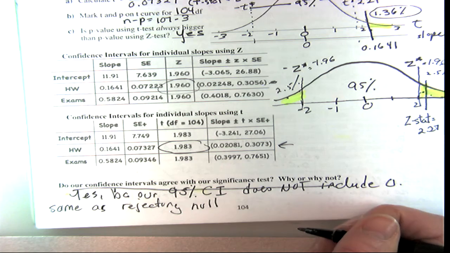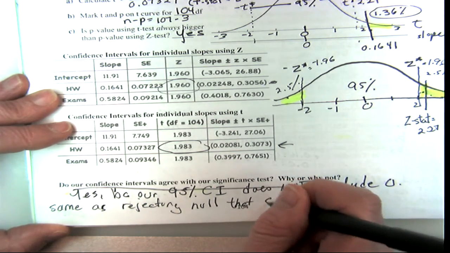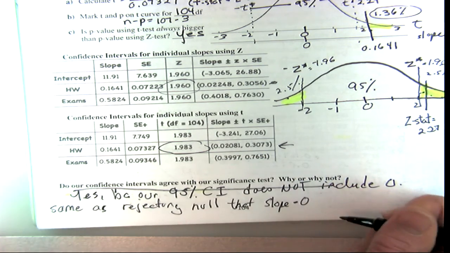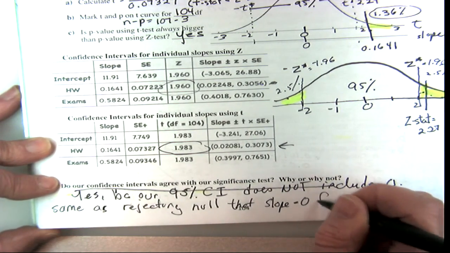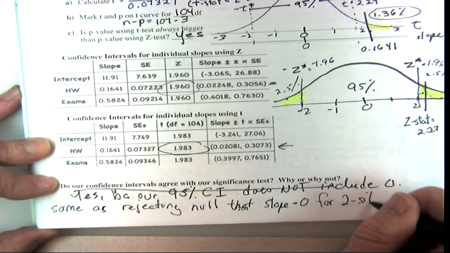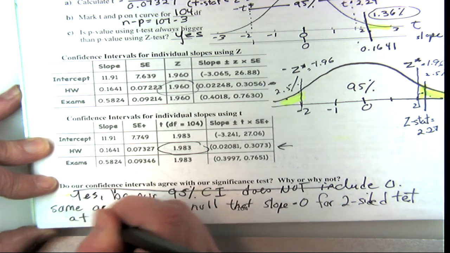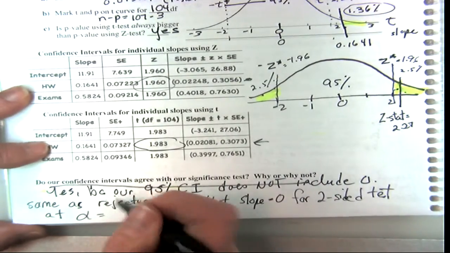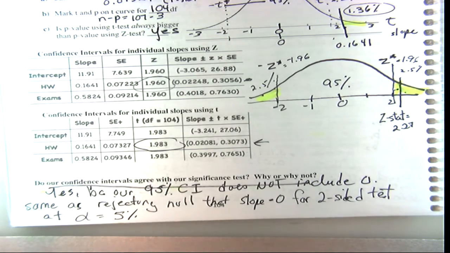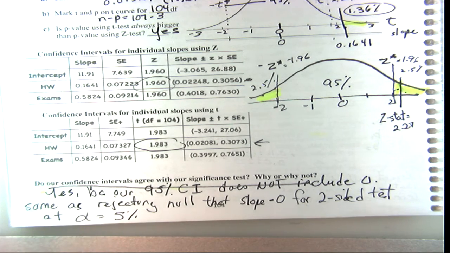We're saying it's not equal to 0. Rejecting the null that slope equals 0 for a two-sided alternative at alpha equals 5%, where together the tails add up to 5%. It would be for a one-sided test at the other alpha. Okay, that's just equivalent. All right?